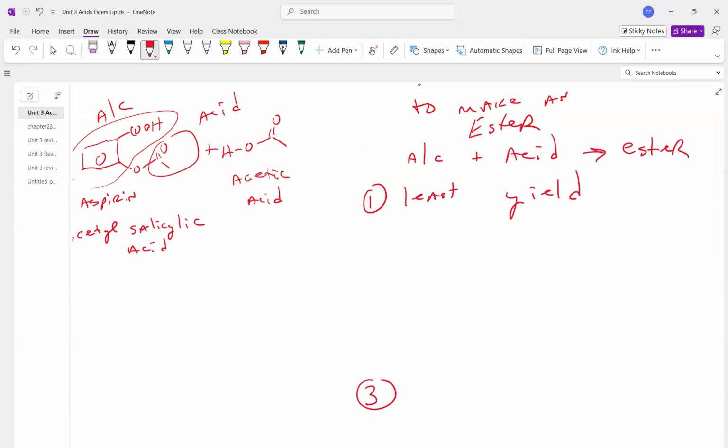I'm going to cover the second one last. The third way to make an ester is with the alcohol plus the acid chloride.